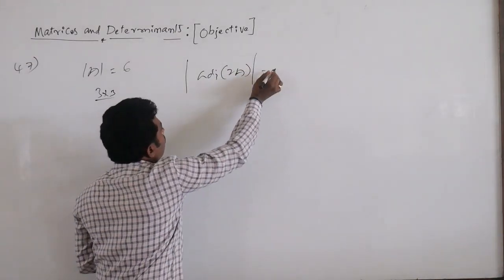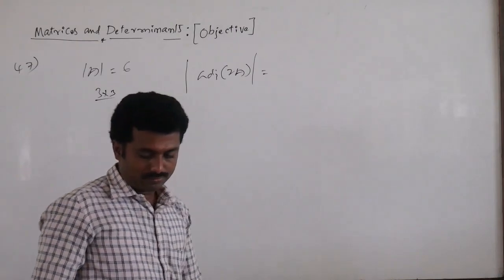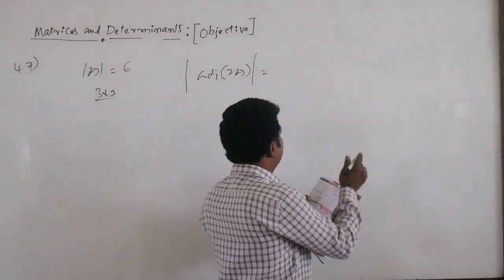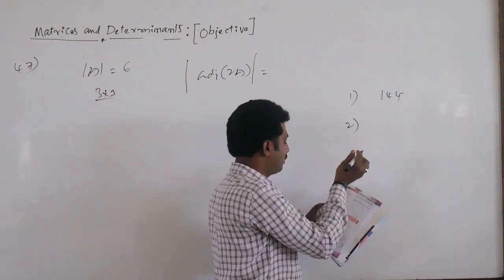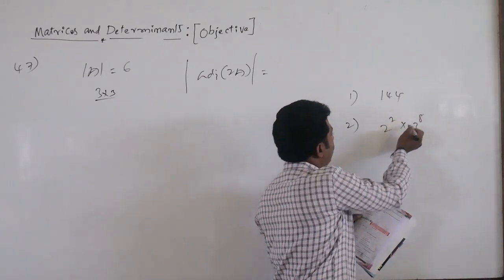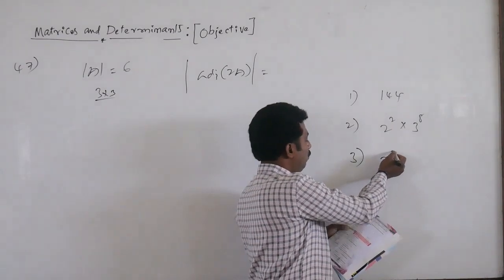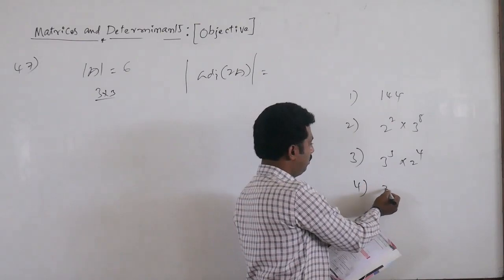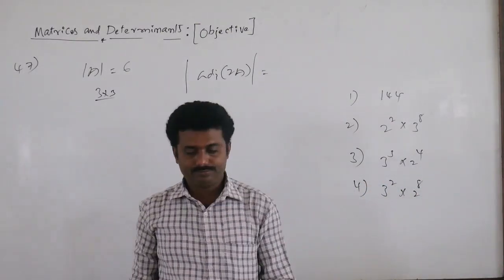The options are: first option 144, second option 2 square into 3 to the power 8, third option 3 cube into 2 to the power 4, fourth option 3 square into 2 to the power 8.